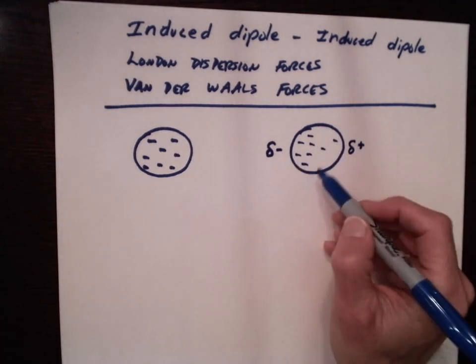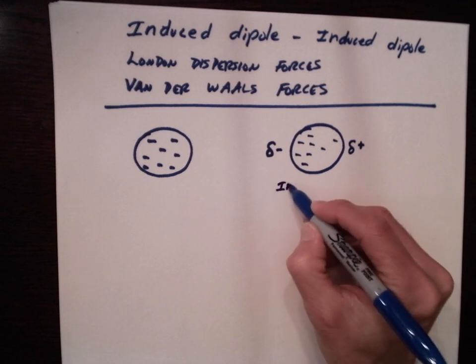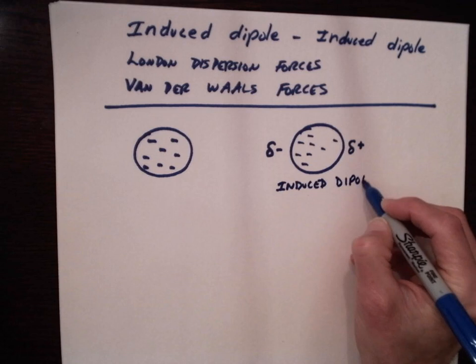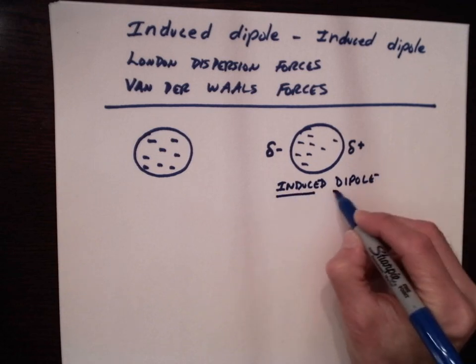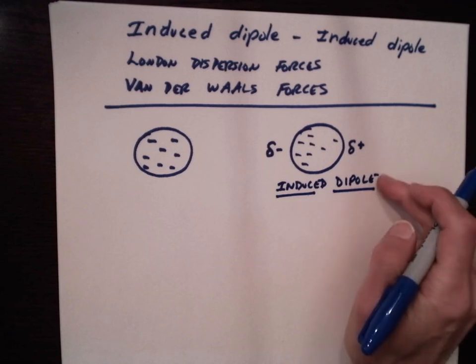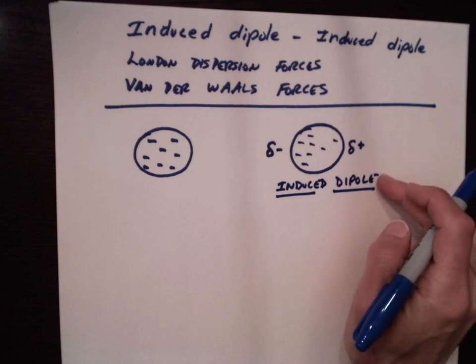So we would call this an induced dipole. And this induced dipole just arises on these random fluctuations alone.